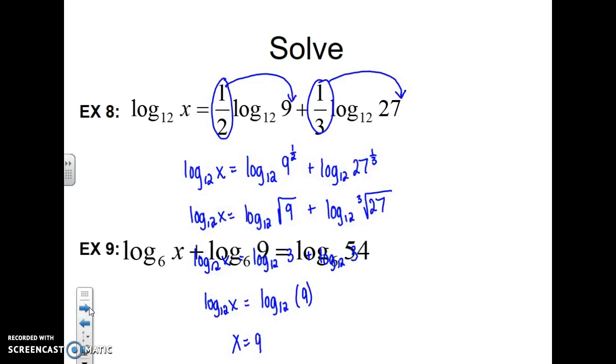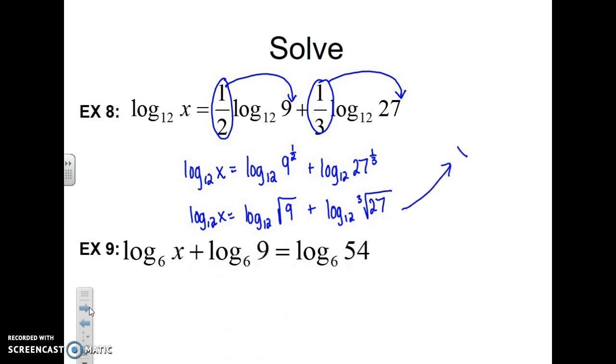We have another example here that I have written all over. Erase this over here. This is x equals 9. So over here we cannot solve for this while the logarithms are separated. So on the left-hand side, we're going to say log base 6 of 9x equals log base 6 of 54.